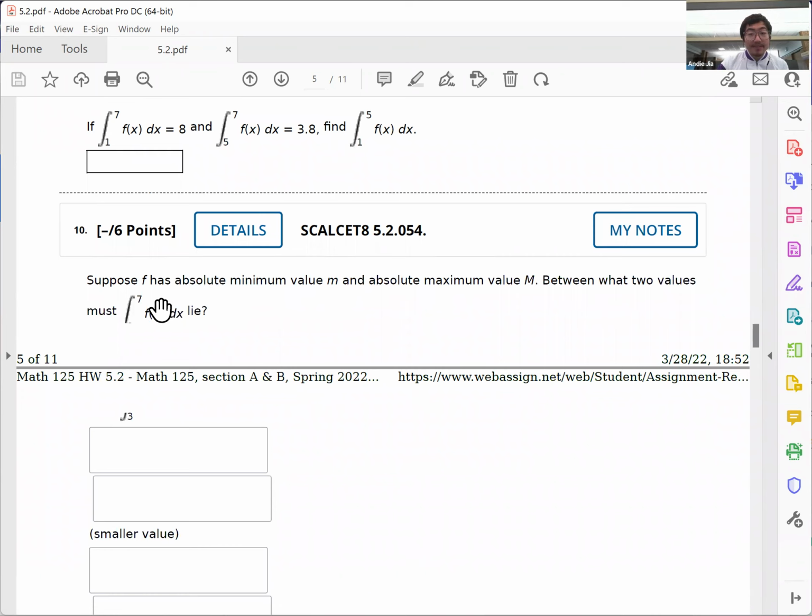And number 10, we have an absolute minimum value m and an absolute maximum capital M between two values.